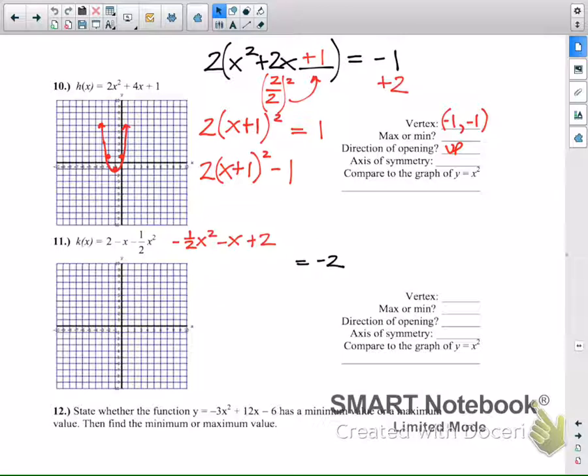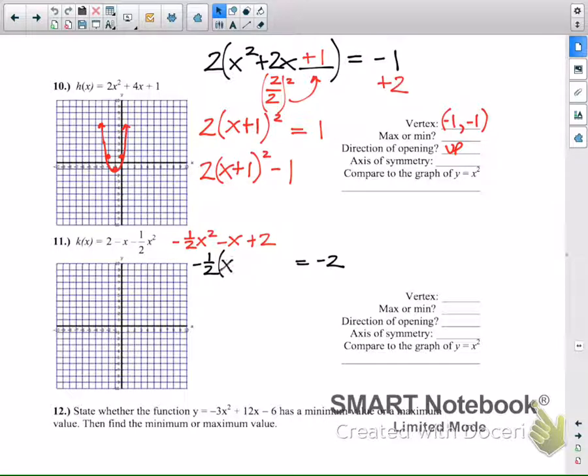What am I factoring out? -1/2. All right. Now, how many of us like to factor out a -1/2 from a -1 in the middle? Factoring is really dividing by that number. So what's the same as dividing by -1/2?